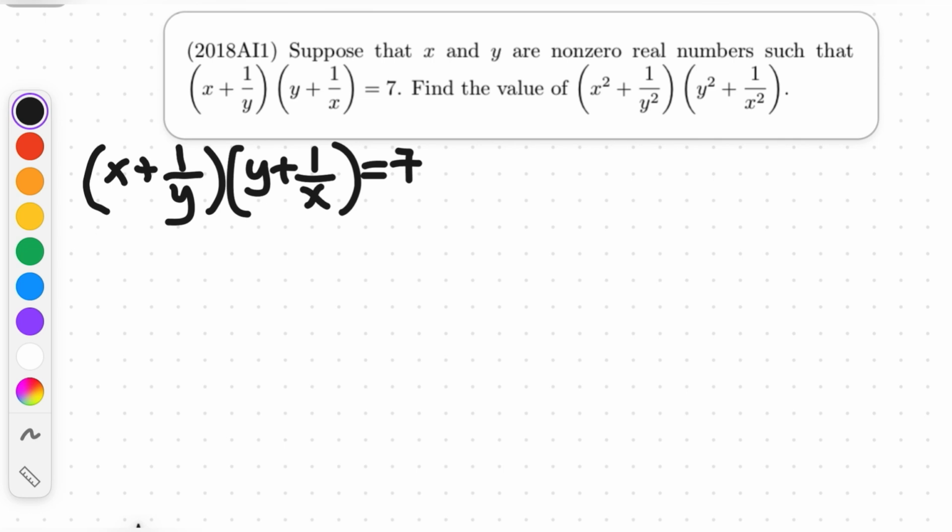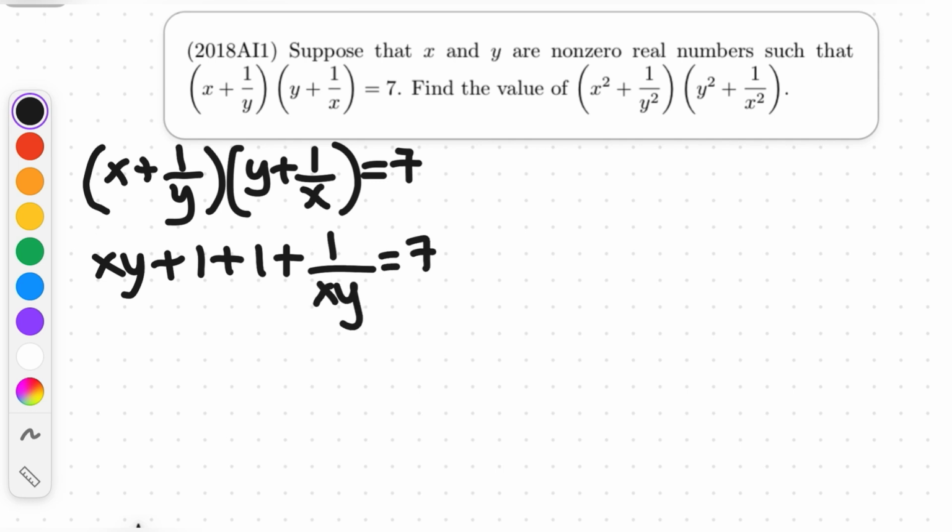So we get x times y plus x times 1 over x, which is 1, plus 1 over y times y, which is also 1, plus 1 over y times 1 over x, which is 1 over xy. This is equal to 7.